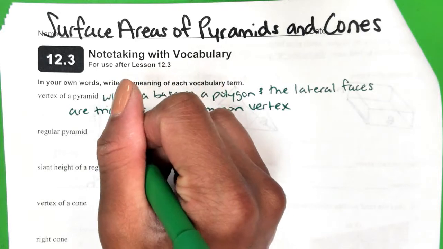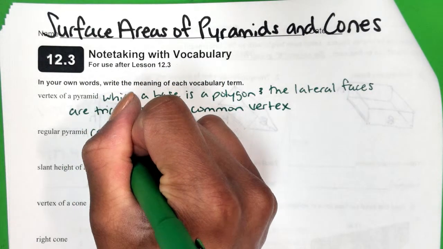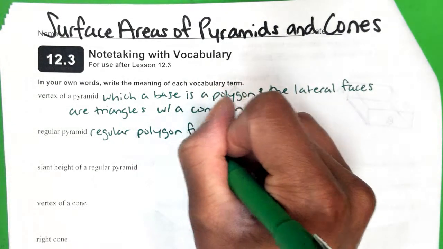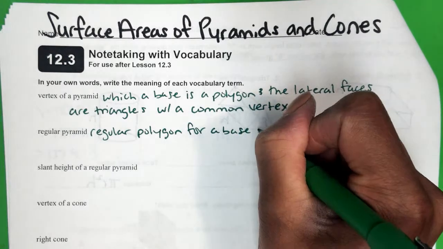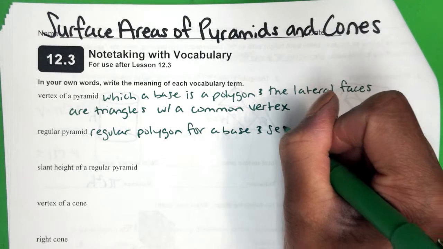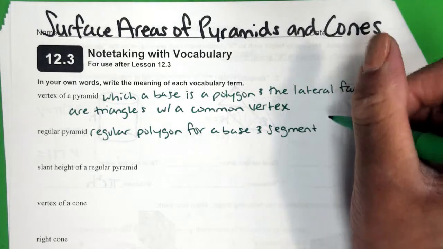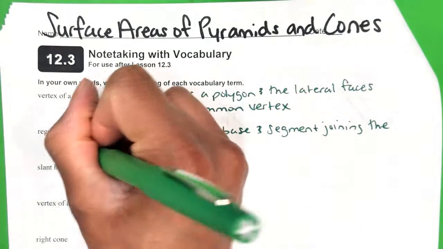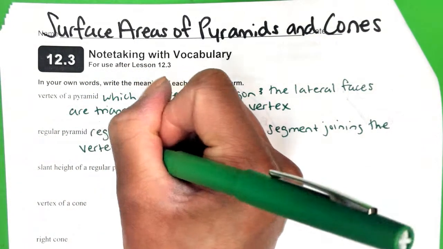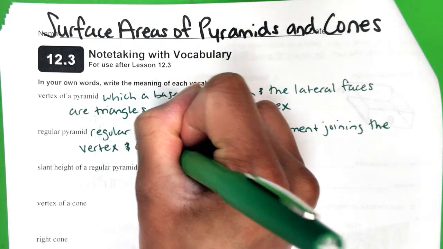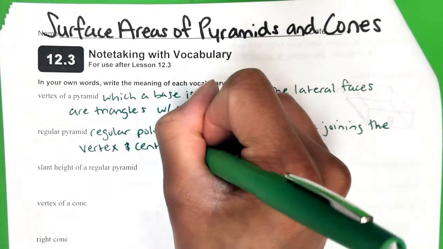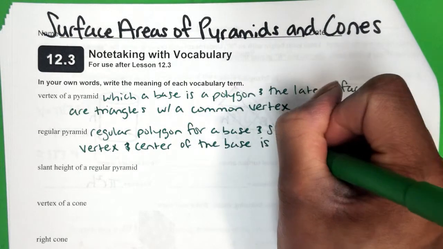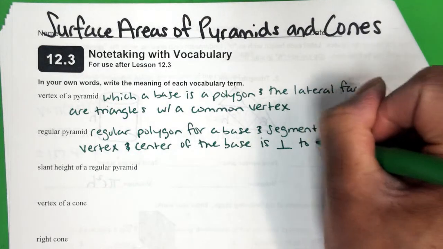A regular pyramid has a regular polygon for a base, and the segment joining the vertex and center of the base is perpendicular to the base.